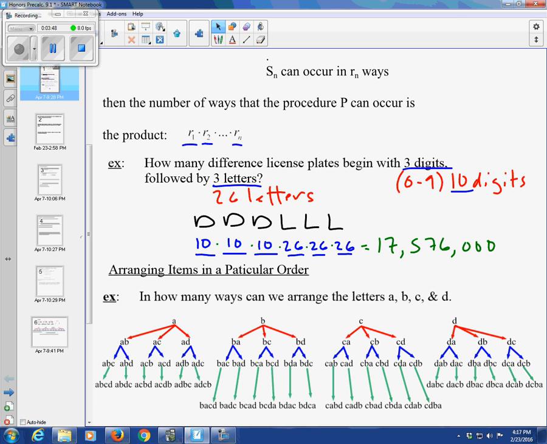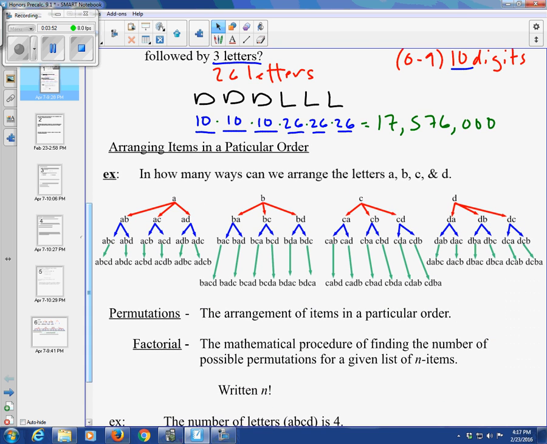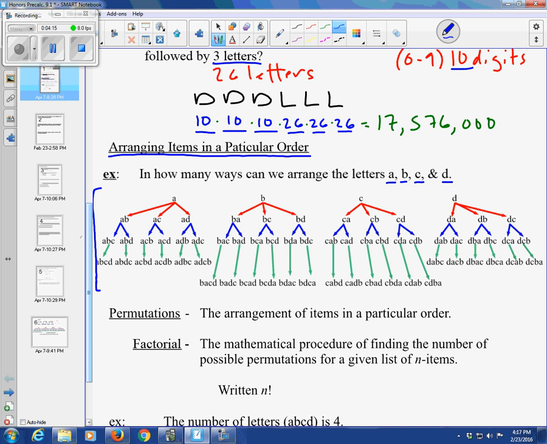So a variation on the multiplication principle of counting, or we might say another way we can apply the multiplication principle of counting, is in the arranging of items in a particular order. So right here, we're looking at how many ways we can arrange the letters A, B, C, and D in a particular order. And a good way for us to visualize this is with a tree diagram, right?